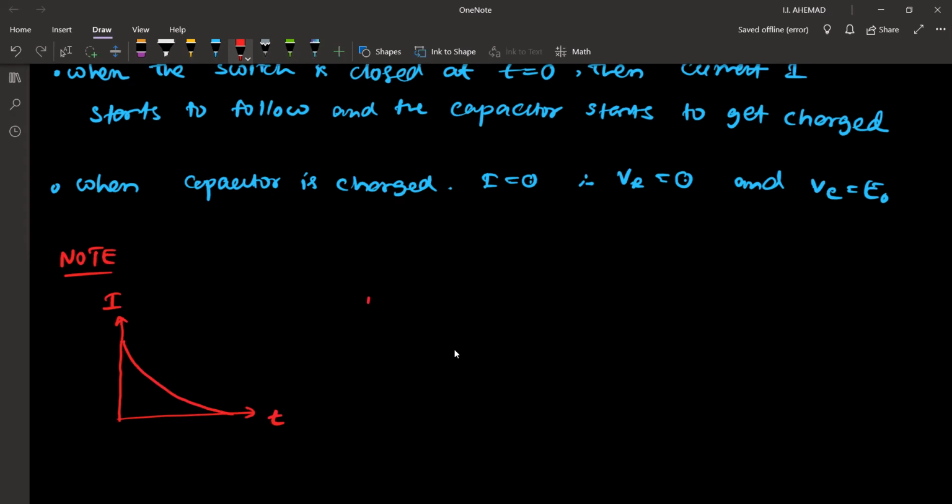If we draw the VC versus T, or Q versus T, initially it is at 0 and slowly increases. After some time it is constant.